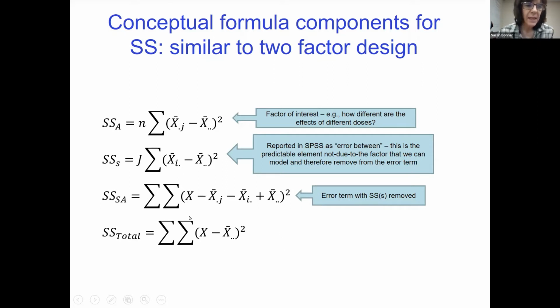So SSSA has this deduction from the overall error term, the deduction of SSS, which you can manipulate algebraically, but we don't need to do that particularly.